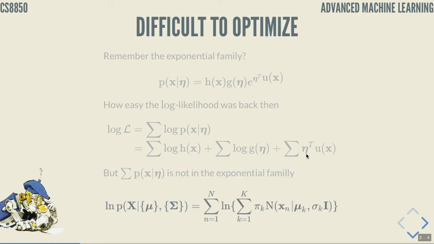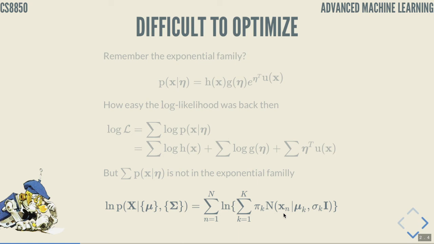So when we write the log likelihood of a Gaussian mixture model, what we get is this expression that is hard to deal with because we have a sum under the log.